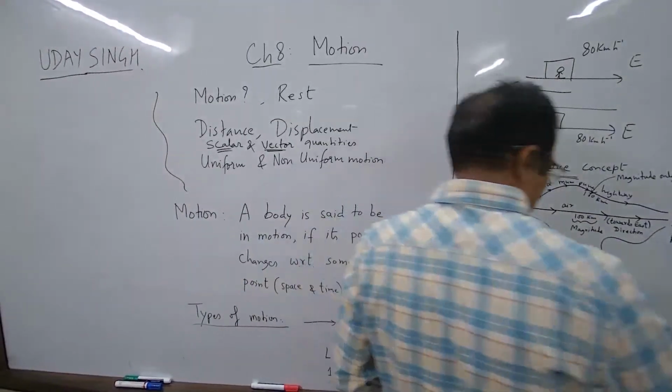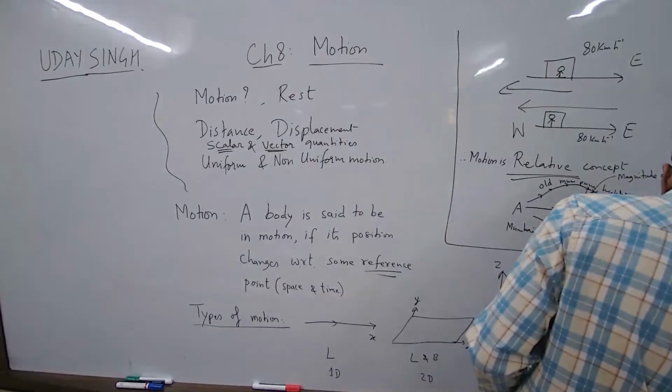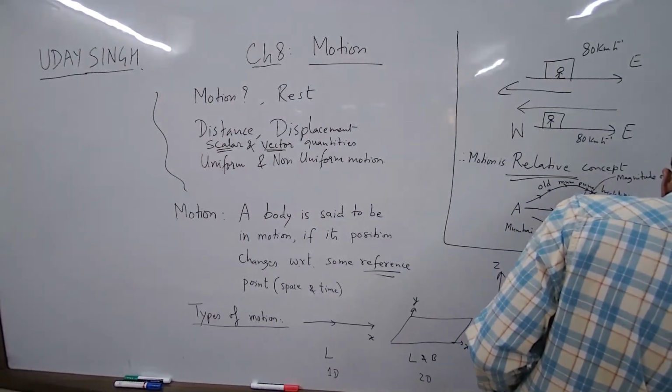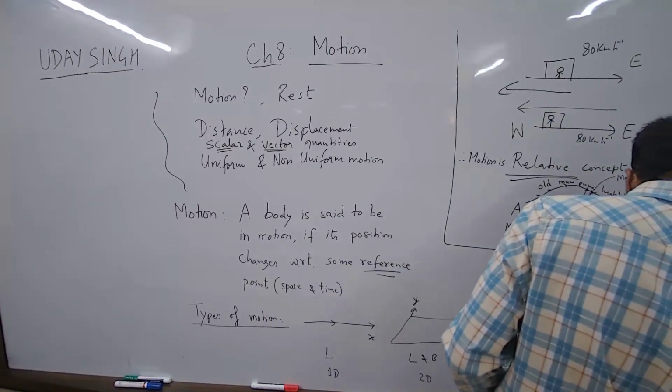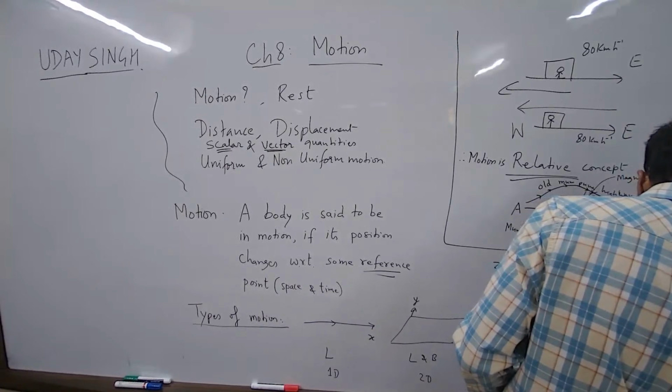Okay. So distance is a scalar quantity. Displacement is a vector quantity.